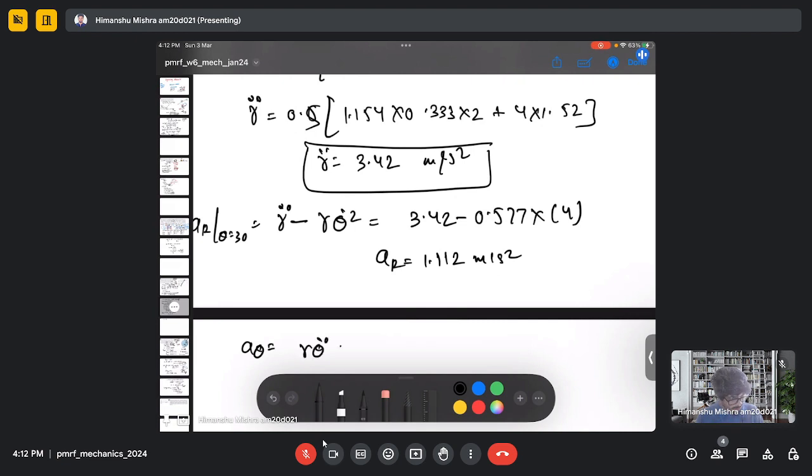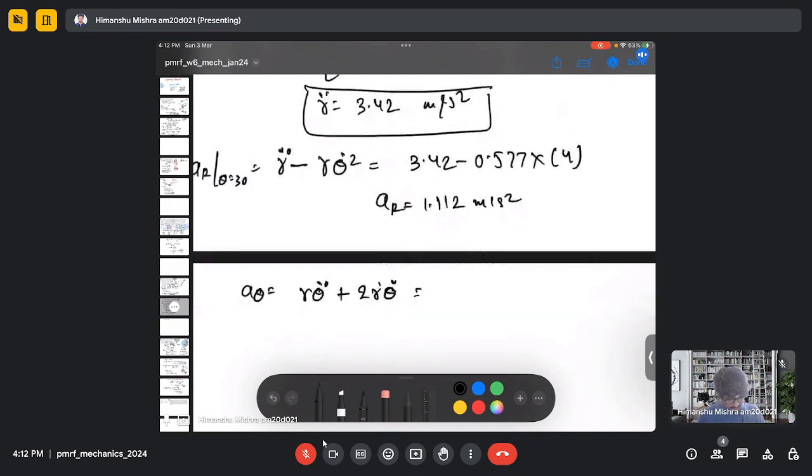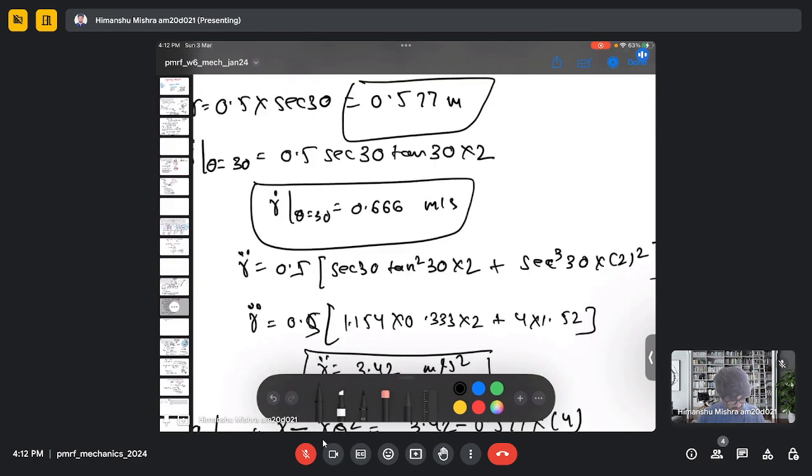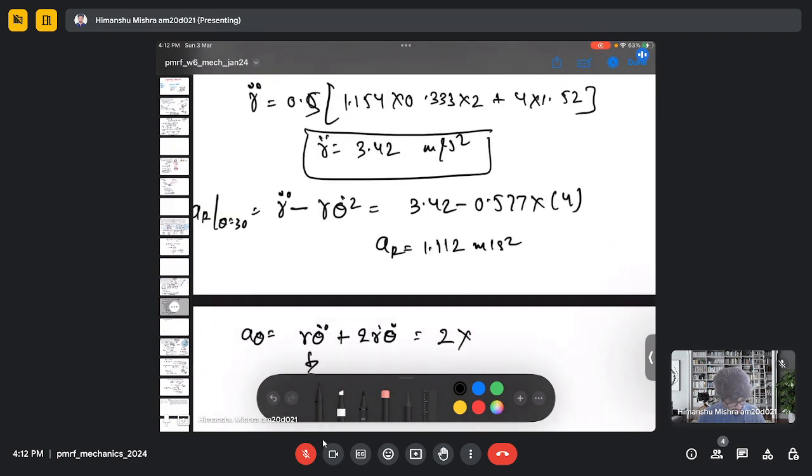R theta double dot plus 2R dot theta dot. So this is 0 because theta double dot is 0, so it will be 2 multiplied by R dot, which is 0.66, and theta dot is 2.